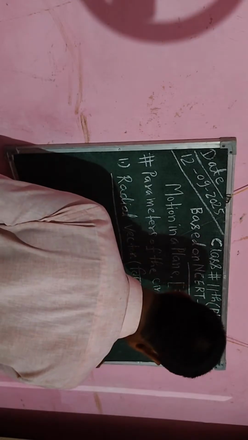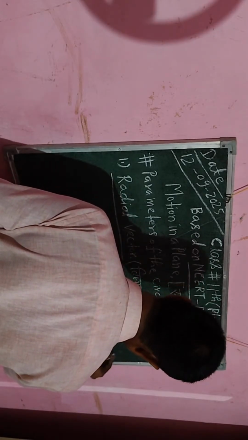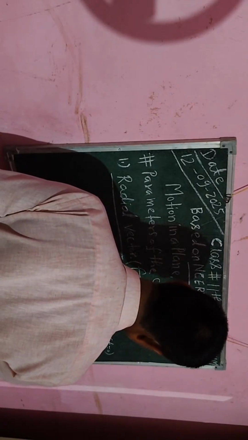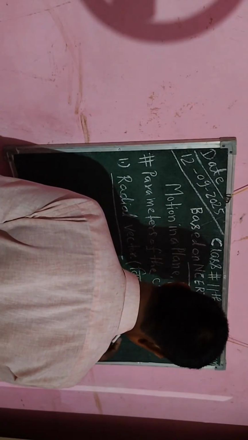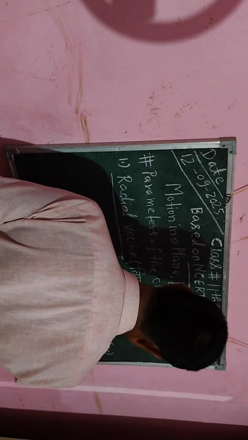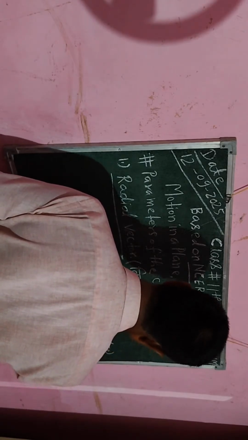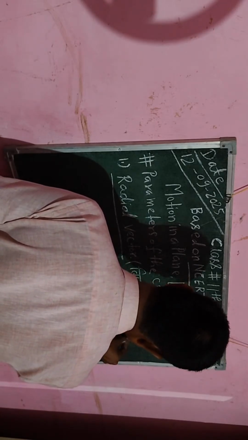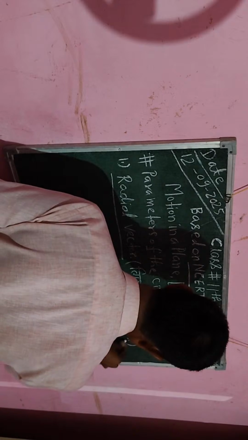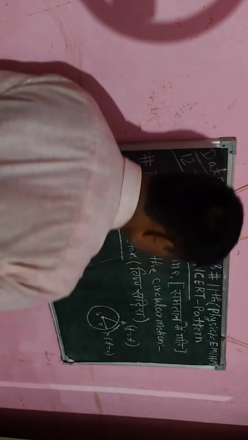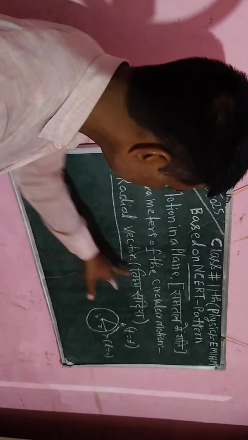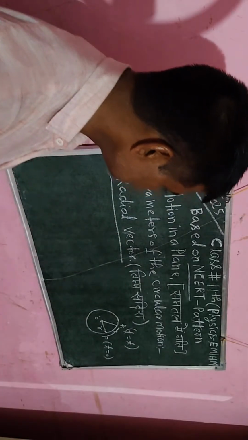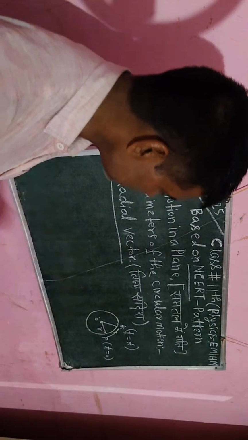Now at t is equal to 0, when time I will take t is equal to 0, and when that particle is going to move along this direction, so time t is equal to t. In this case this radial vector at time t is represented like this.